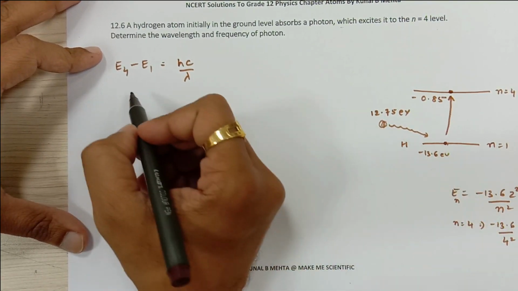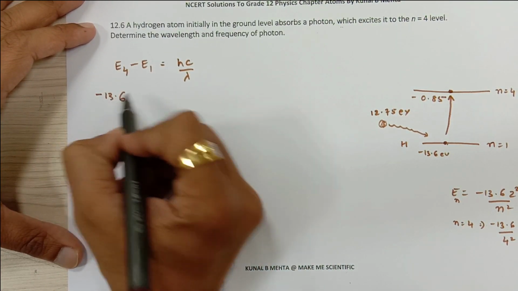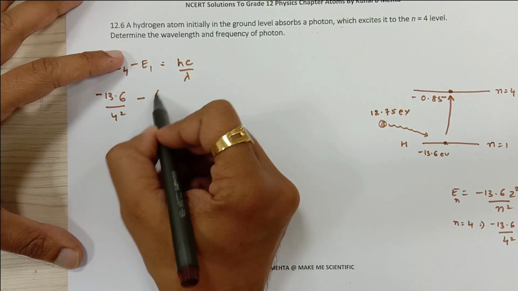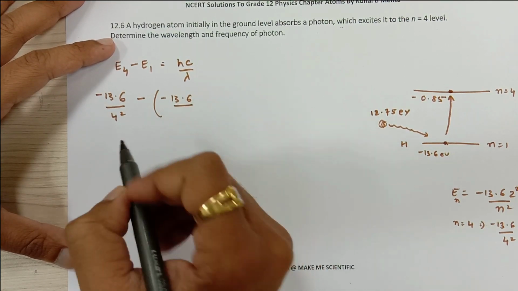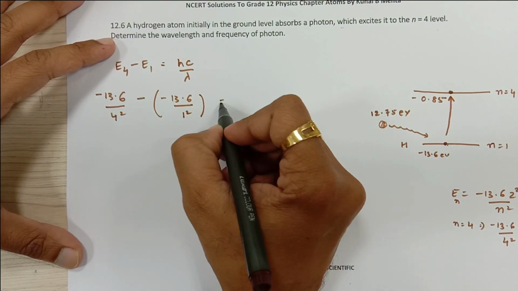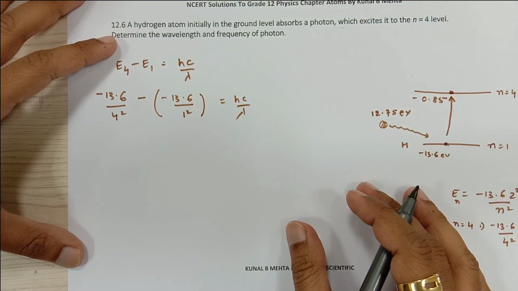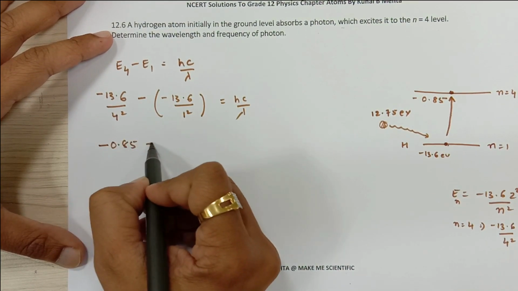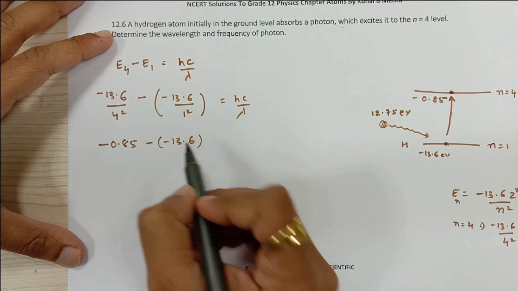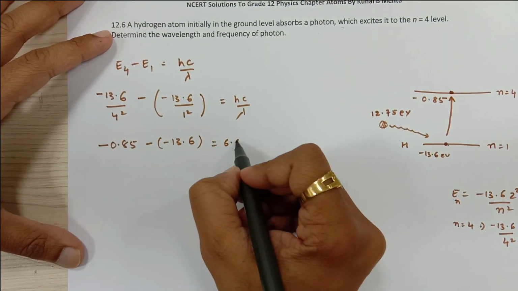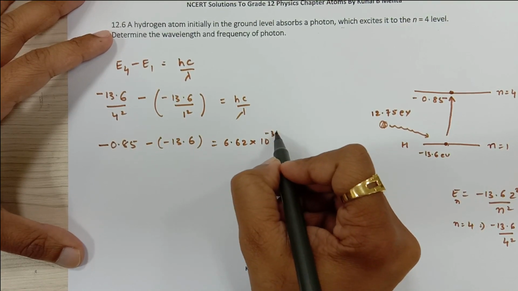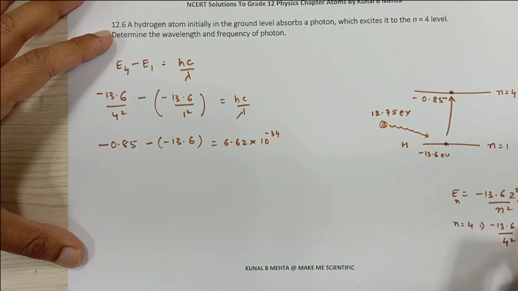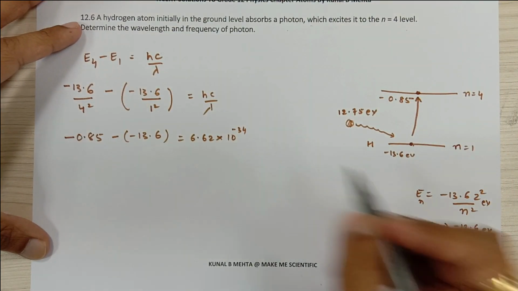So now we know the energy of the fourth orbit is minus 13.6 times 1 square upon 4 square, minus 13.6 times 1 square upon 1 square, equal to hc upon lambda, correct? Now let's substitute the values. This is 0.85 minus of minus 13.6, equal to h, which is 6.62 into 10 raised to minus 34, and this is in SI unit, guys, and all these energies are in electron volts, so you must be careful that these energies are not in joules, correct?